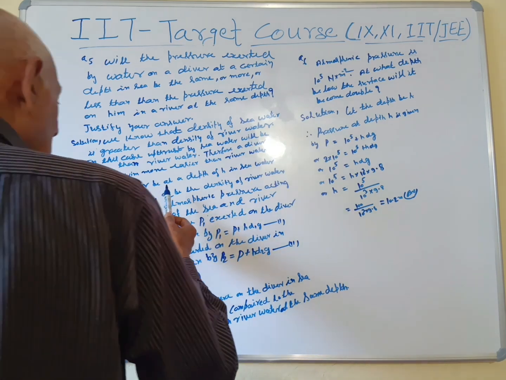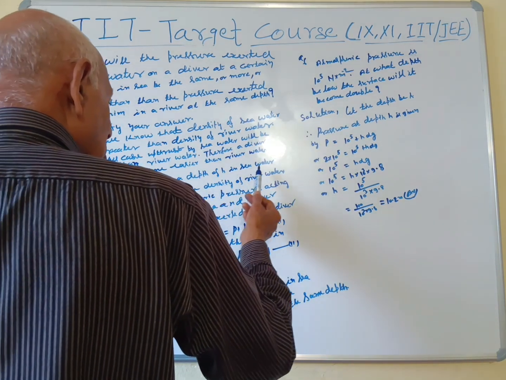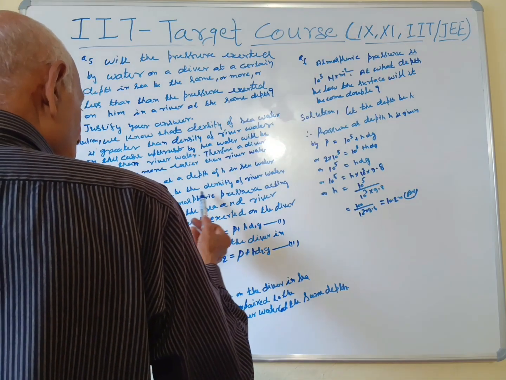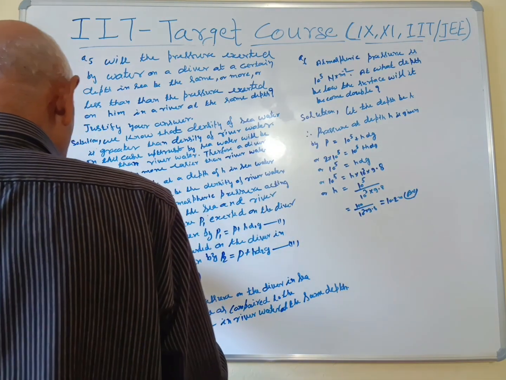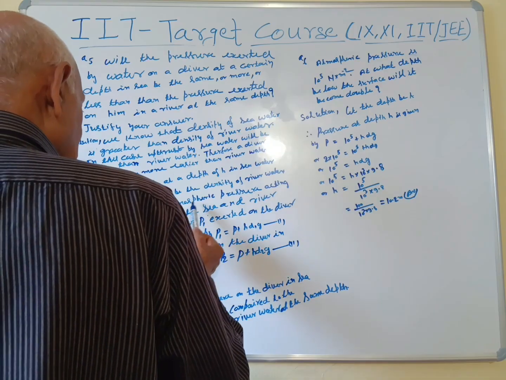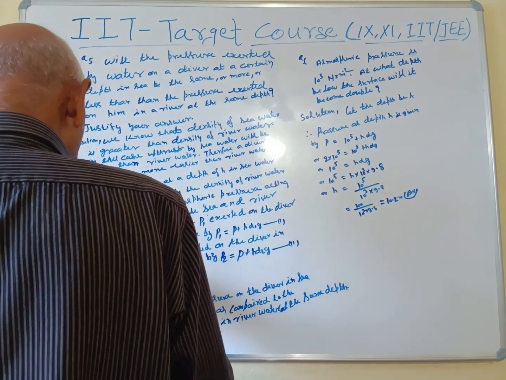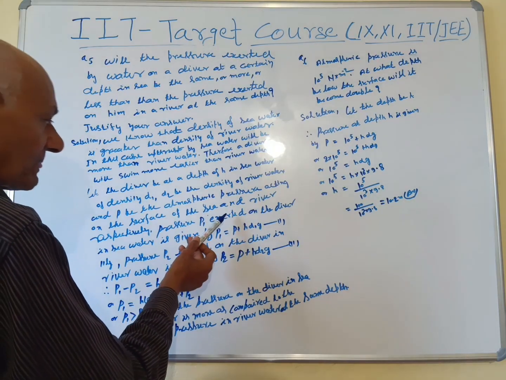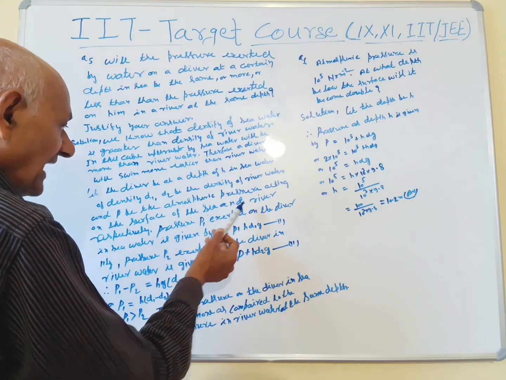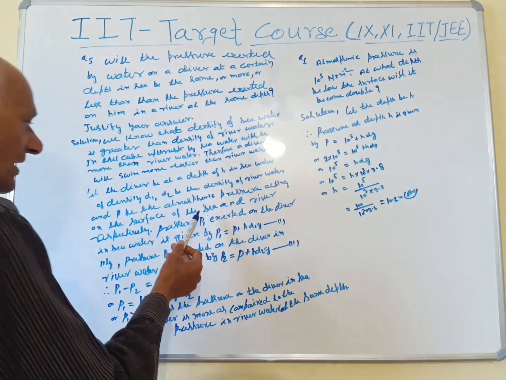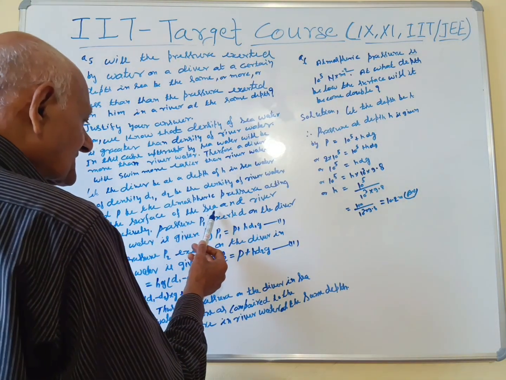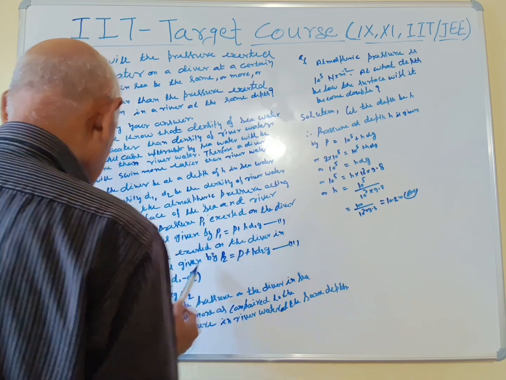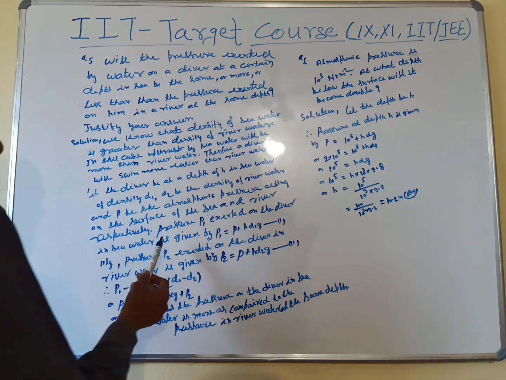Let the diver be at a depth of h in seawater of density d1, d2 be the density of river water, and P be the atmospheric pressure acting on the surface of the sea and river, respectively.